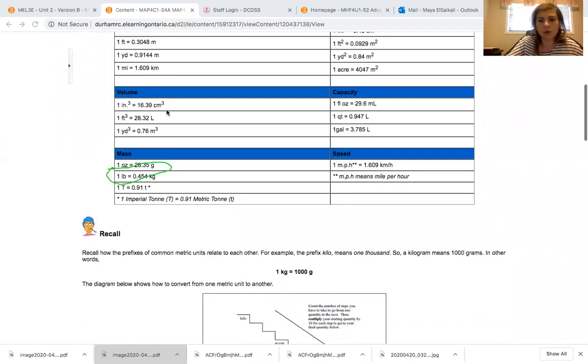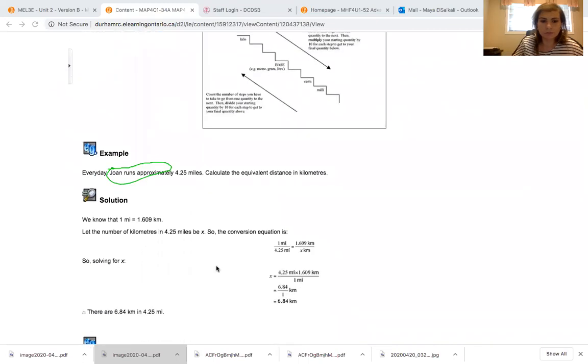So I have 1 mile is equal to 1.609 kilometers. She runs 4.25 miles. So I'm going to have to put that 4.25 under the miles. And I'm looking at how many kilometers that is.